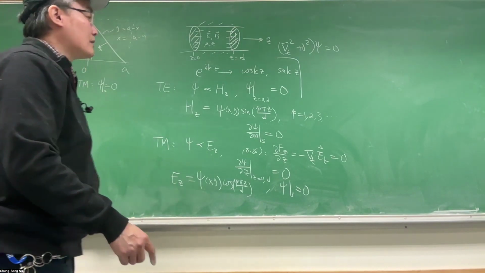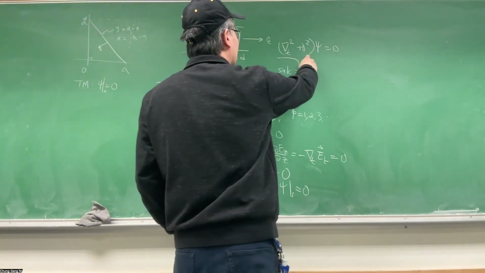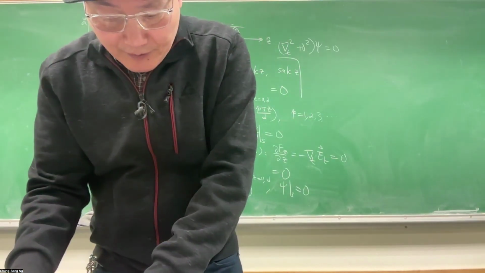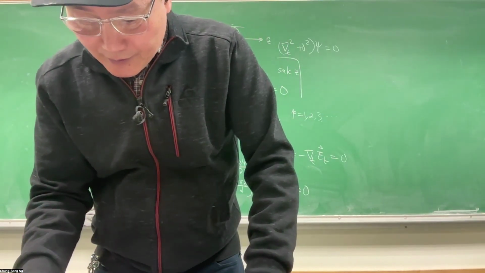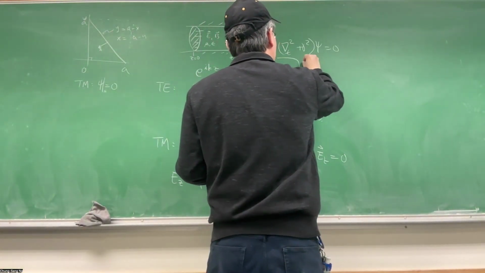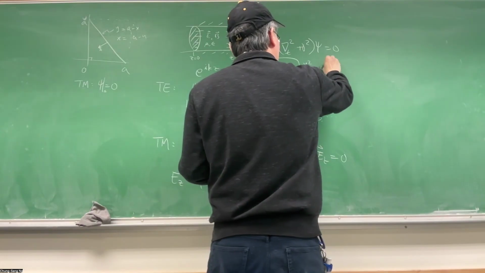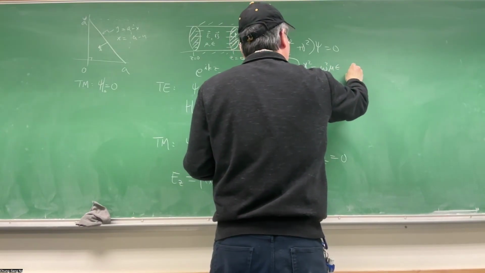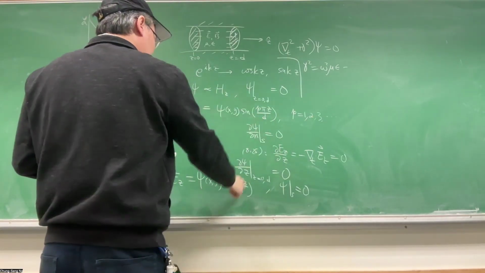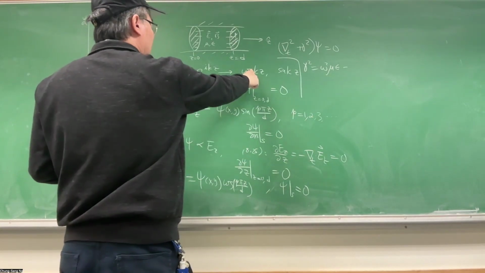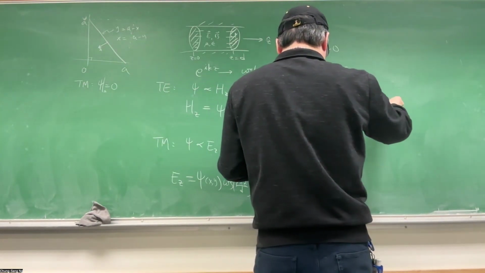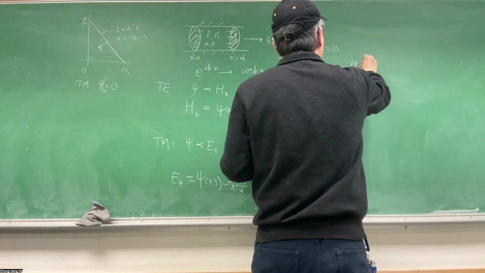Okay, so what we need to do is eventually solve for this one. And gamma squared, let's see, gamma squared is omega squared mu epsilon minus k squared, and in our case, k is just p pi over d for both cases, right? Because this is cosine kz, this is p pi z over d, so k is just p pi over d.